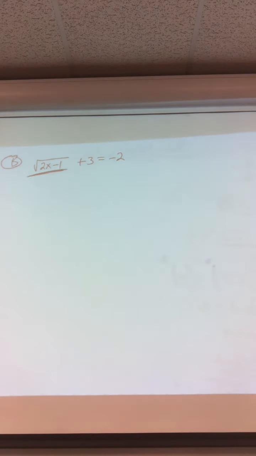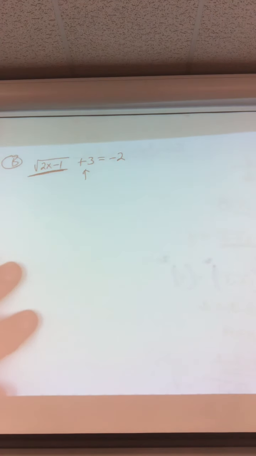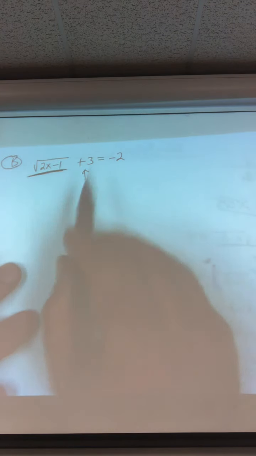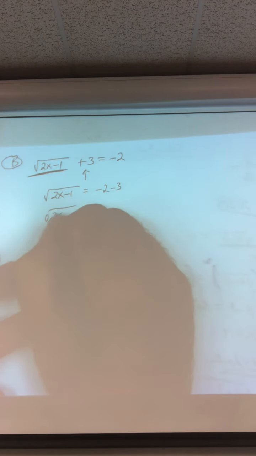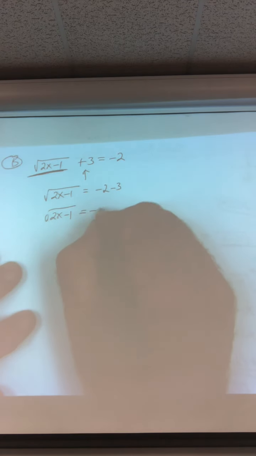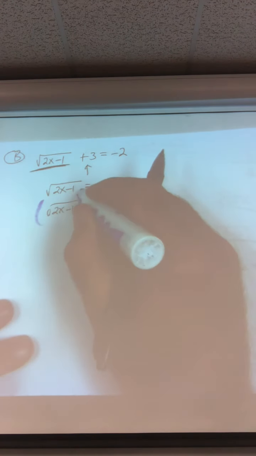No, it is not. I've underlined the radical term, but notice you've got this term right here with it. I want to get this on the side by itself. To do that, you have to subtract 3 from both sides. Okay, so that's step 1. Step 2, square both sides.